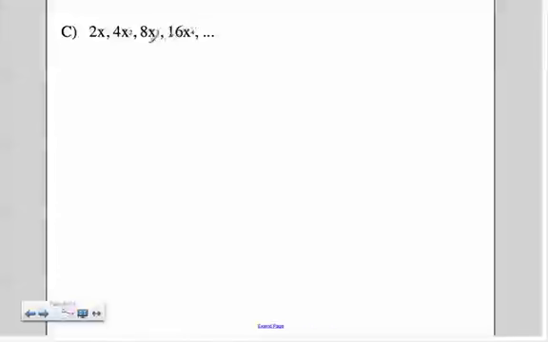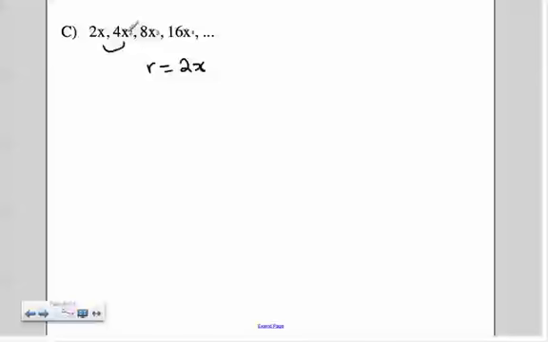Okay, now we have some x terms, and the exponents look a little weird here, but that's x squared, x to the exponent 3, x to the exponent 4. So if I'm looking at the common ratio, I can say, what am I multiplying by? I'm doubling the numbers, times 2 times 2 times 2, and I'm multiplying by x each time because the exponent is going up by 1.